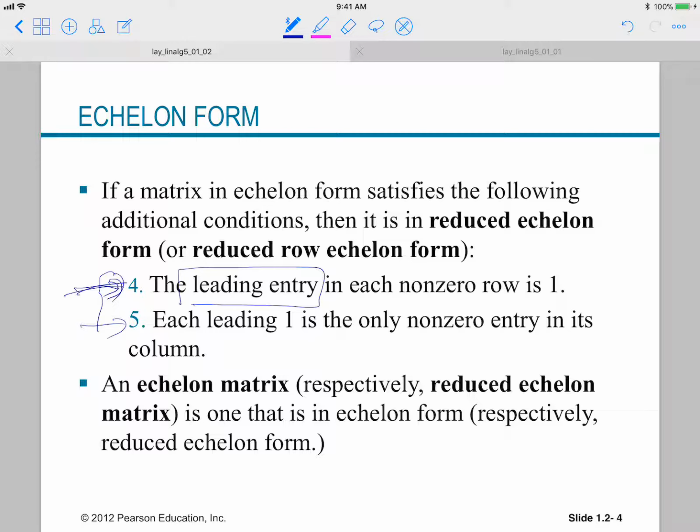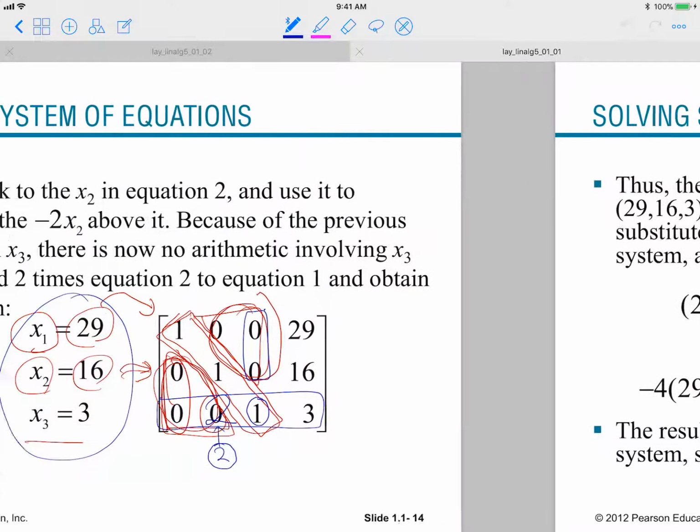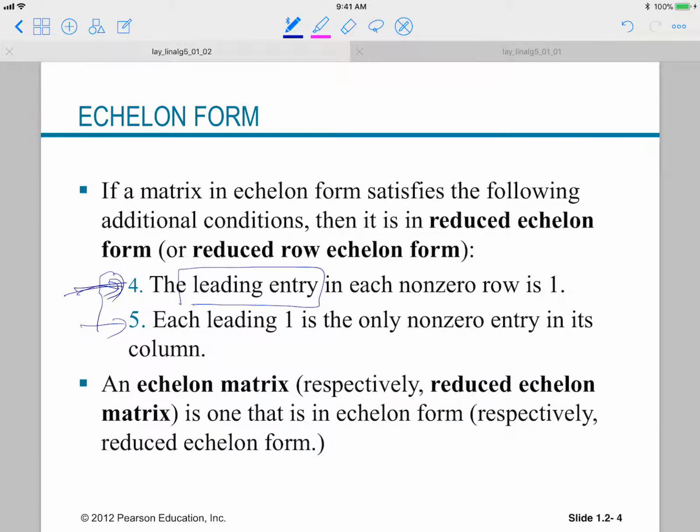And then the fifth condition is a lot more meaningful, and it is also closely related to what we did in the remaining process of changing this matrix into a cleaner final form. So let's look at the fifth condition. For each leading entry, which now are all ones, we look up in the above part and see if any of them are non-zero.